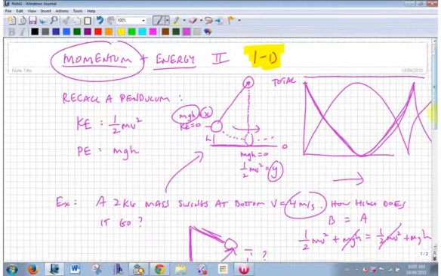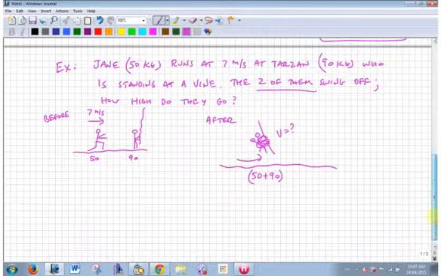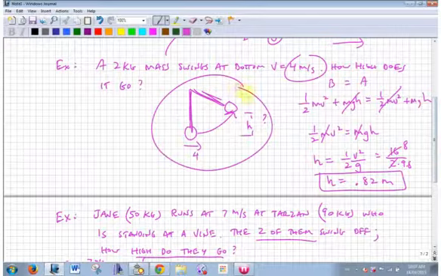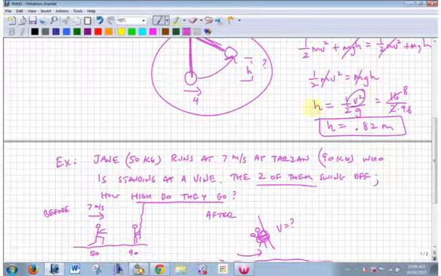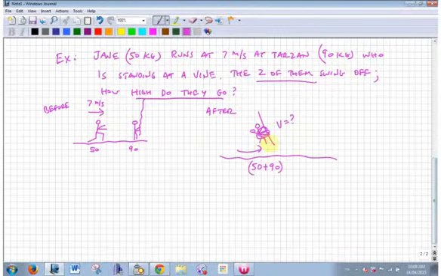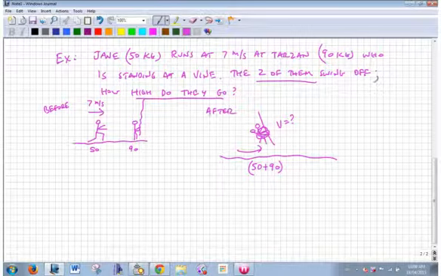That's the name of this chapter after all. So how high do they go? That's the question, but in order to get my speed, which I need to get the height, well, I got to do momentum to get the speed. So 2 questions in one, right?